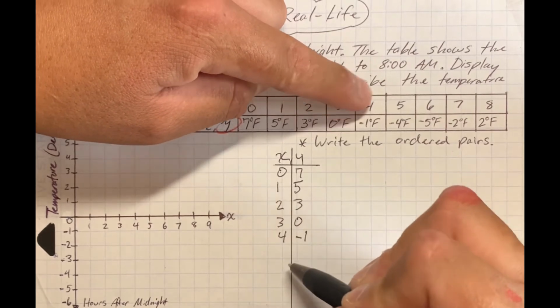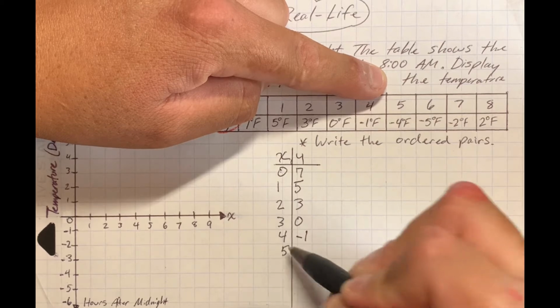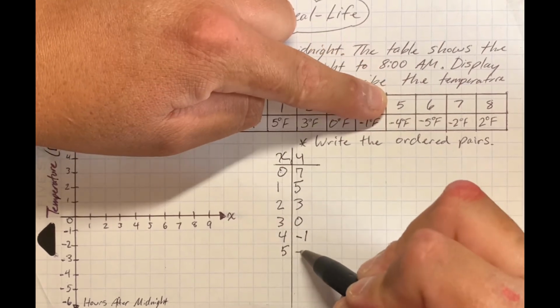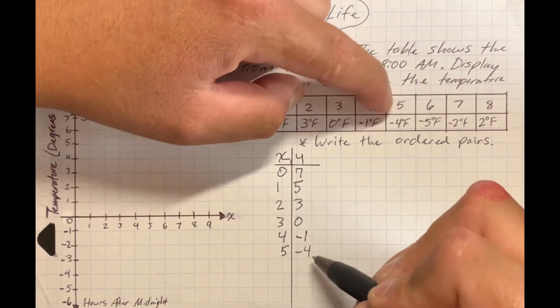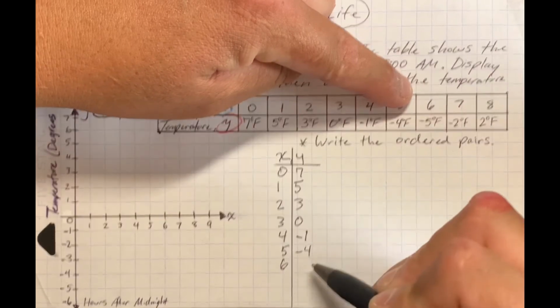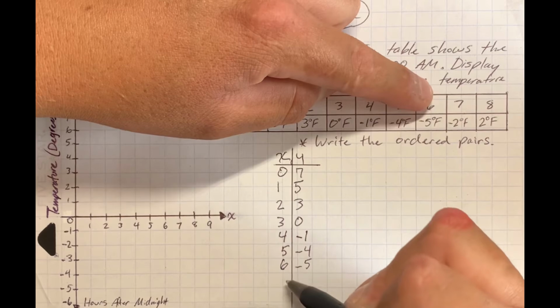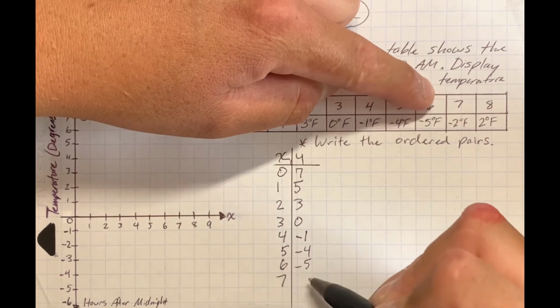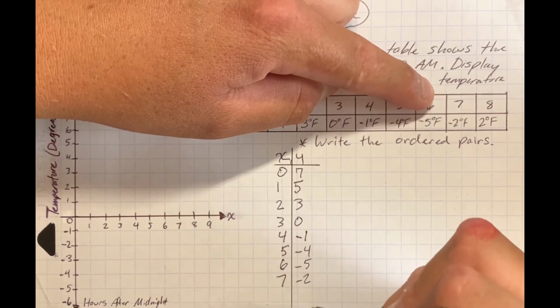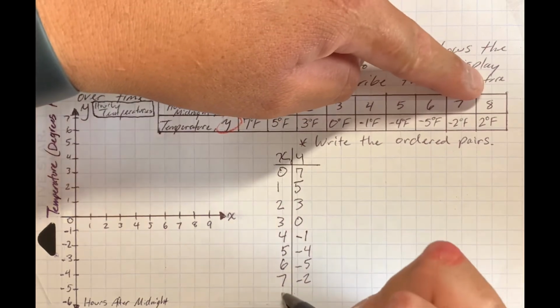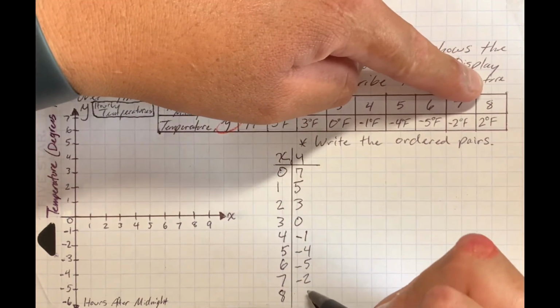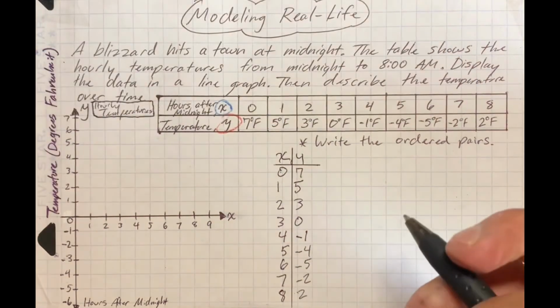X value is 5, y value is -4 degrees. X value is 6, y value is -5 degrees. X value is 7, y value is -2 degrees. And last one, x value is 8, y value is +2 degrees.